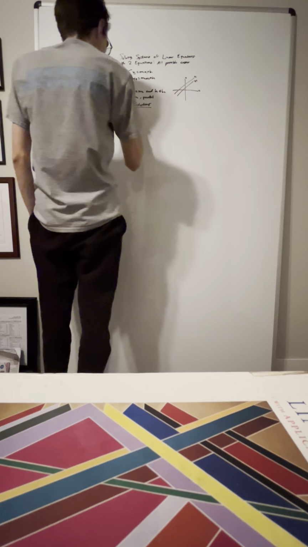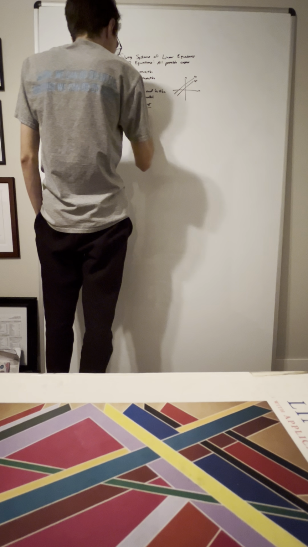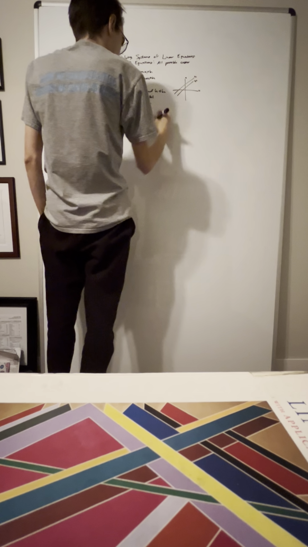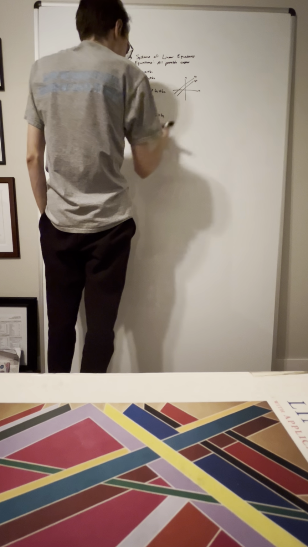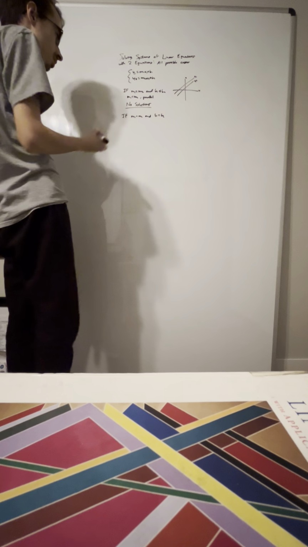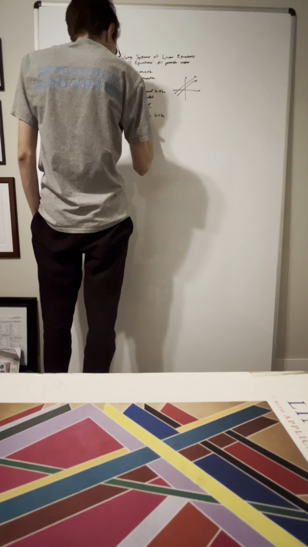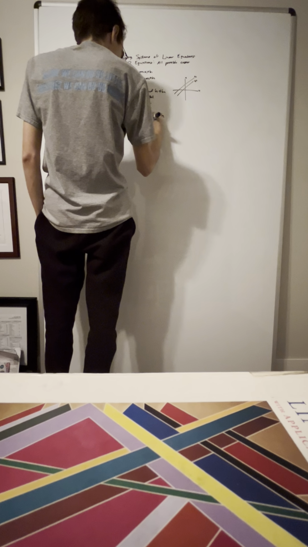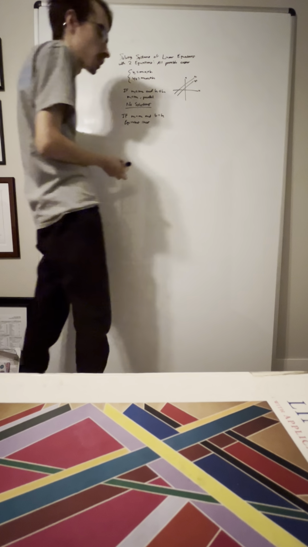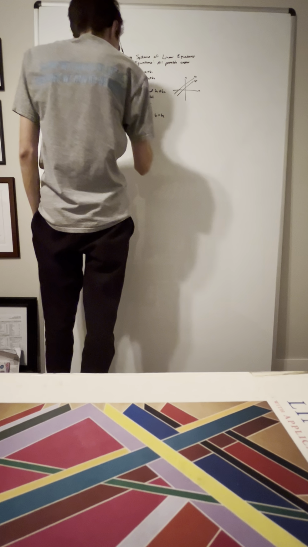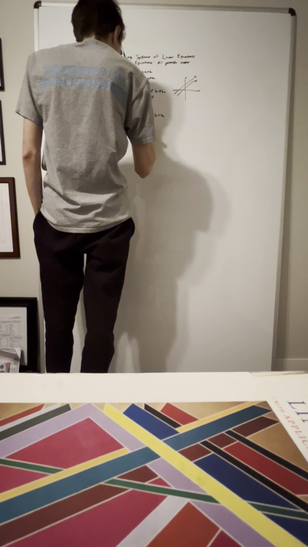But if we have another situation where m1 equals m2 and b1 equals b2, then in that case, by definition, these are going to be equivalent lines. Or another way to describe that is they're coincident.